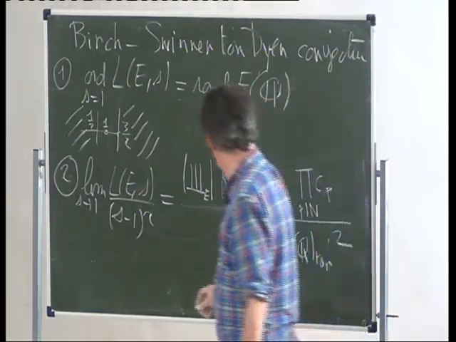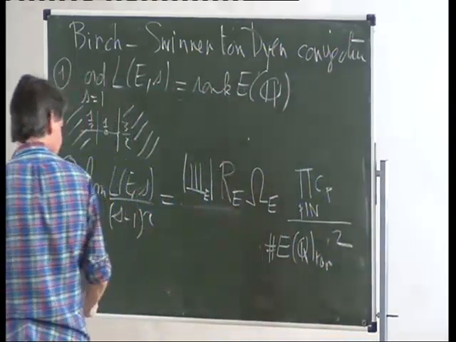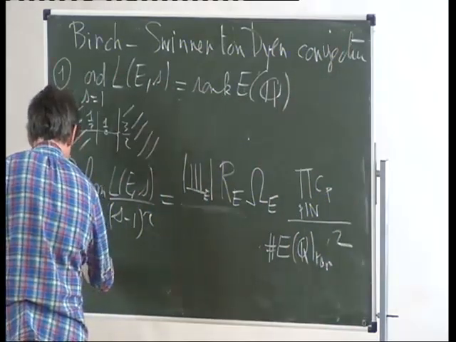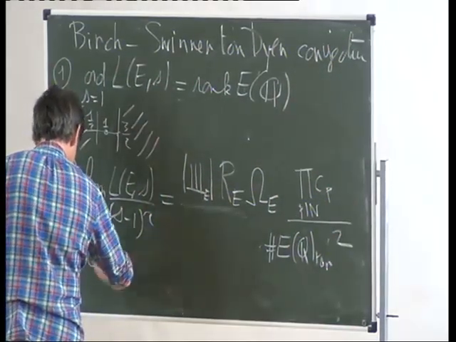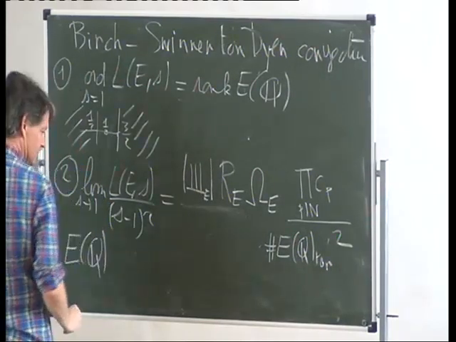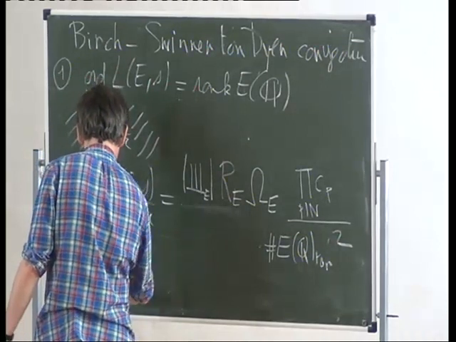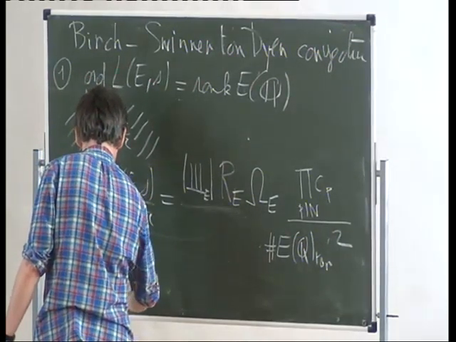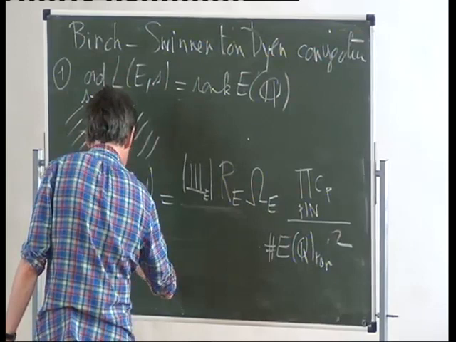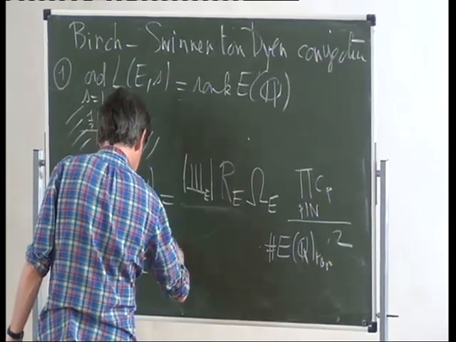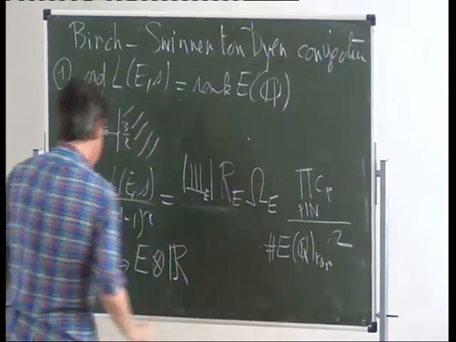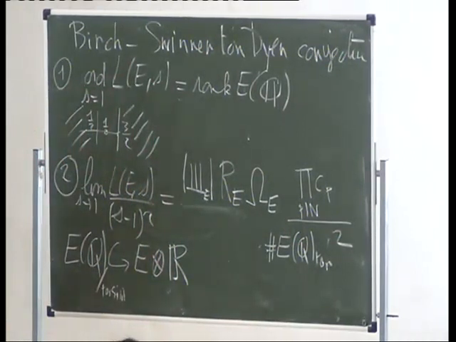This regulator is also a volume. I mean, you can embed E over the torsion into the real vector space like this. That's just formal.